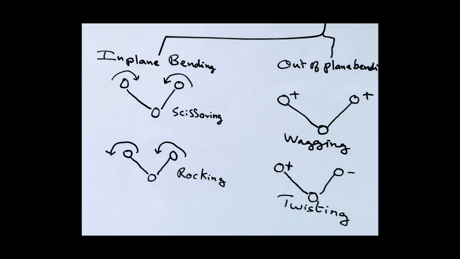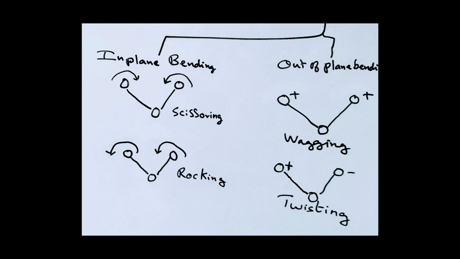Coming to the out-of-plane bending vibration, the OH groups are coming out of the sheet of paper or the plane of the cell phone screen. Both the OH groups are coming above the plane and going below the plane. It is called out-of-plane bending vibration. Such a vibration is called wagging.